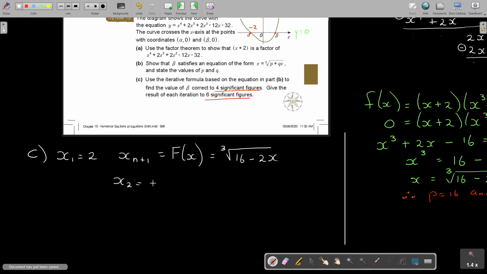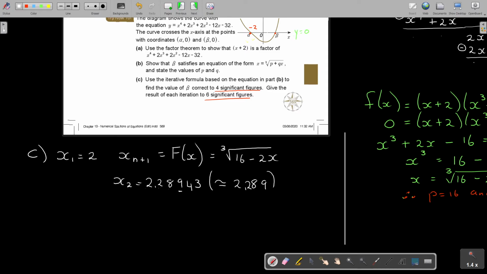Okay, what do I get? I get 2.28943. Remember, it must be 6 decimal places, so 1, 2, 3, 4, 5, 6. But don't forget to also approximate it to 4, so 2.289.